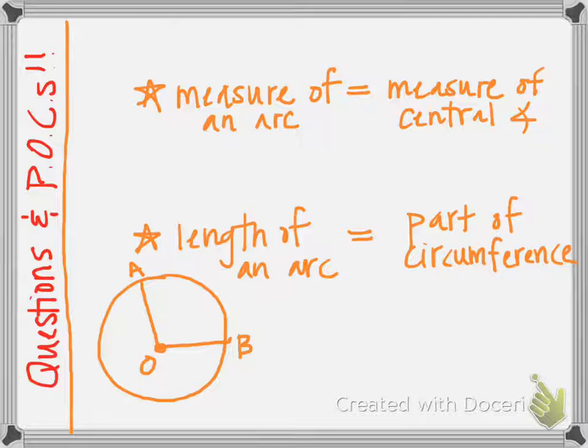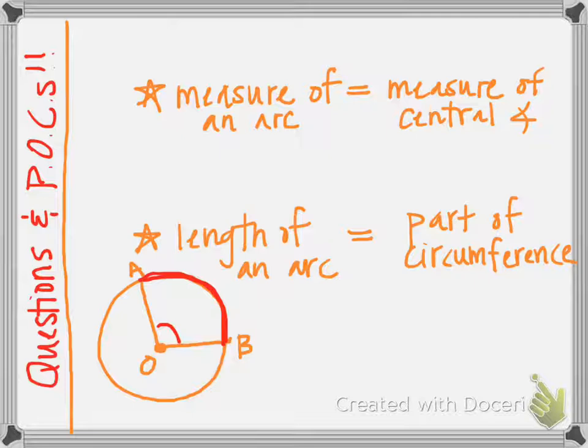Okay, so when we're talking about an arc, there are 2 values that we can associate with an arc. Arc AB is going to be this curved part right here. Now it has both a measure, which is the measure of the central angle formed from the radii that join the center to the endpoints of the arc, and that's actually an angle measure.